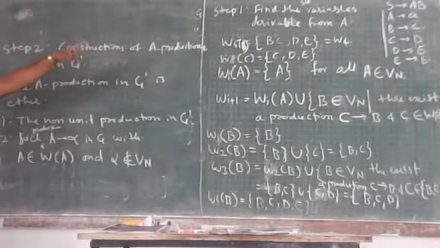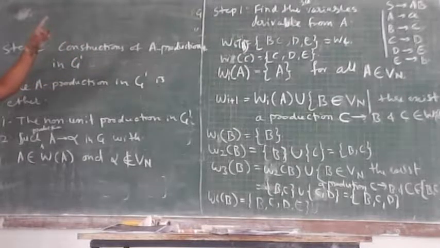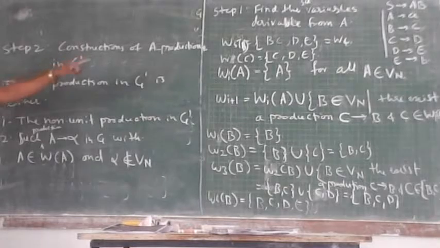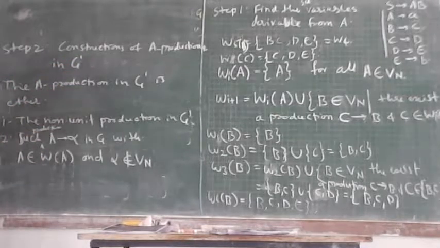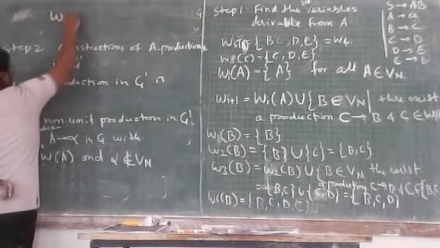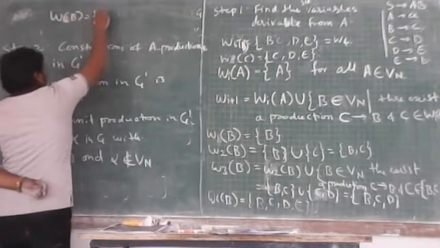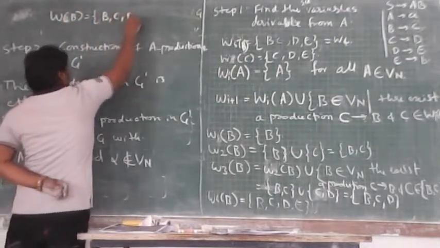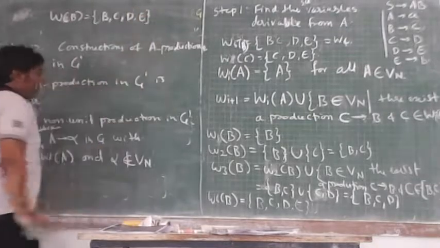No. That A production is also added to the P dash. Go for B production. B production is what? See what is the W B? W B is B, C, D and E.